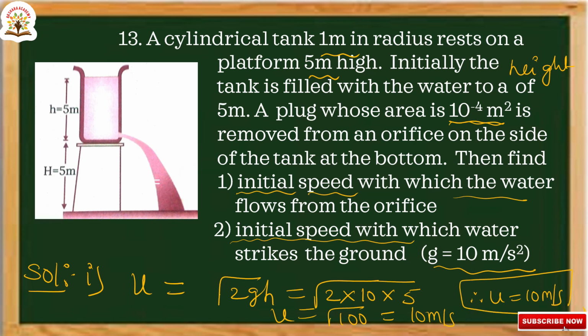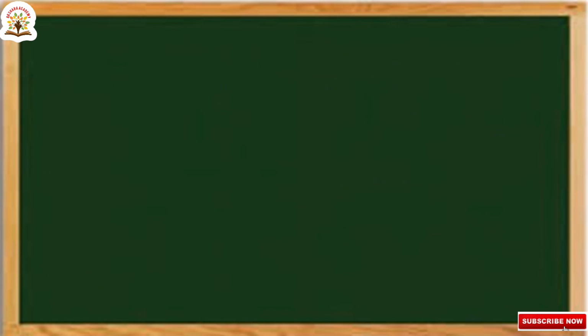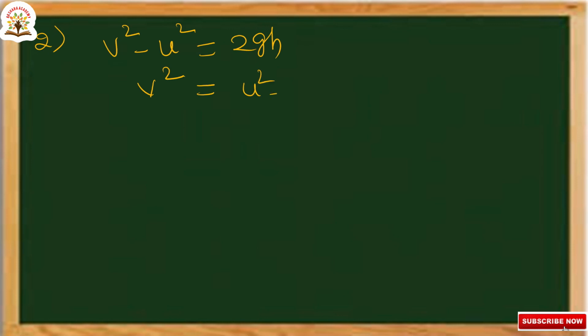Next, let us go to the second one: the speed with which the water strikes the ground. From the third equation of motion, v square minus u square is equal to 2gh, or v square is equal to u square plus 2gh.